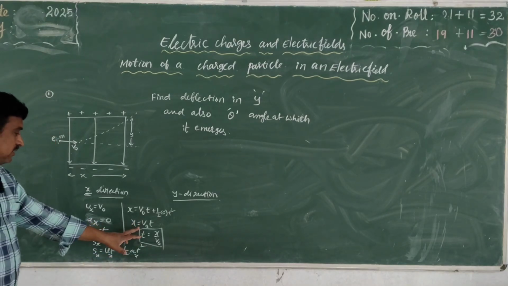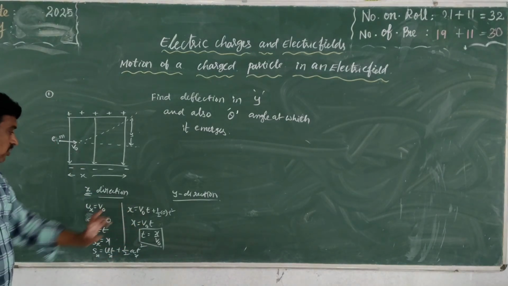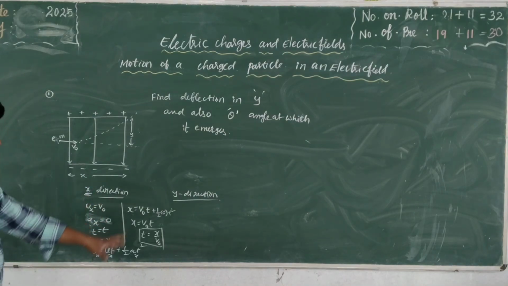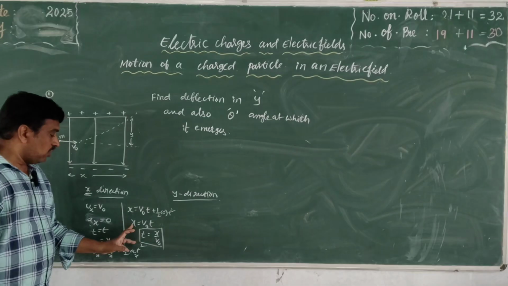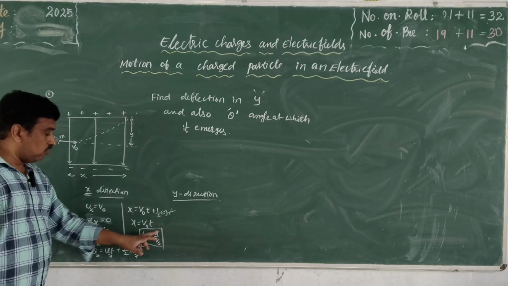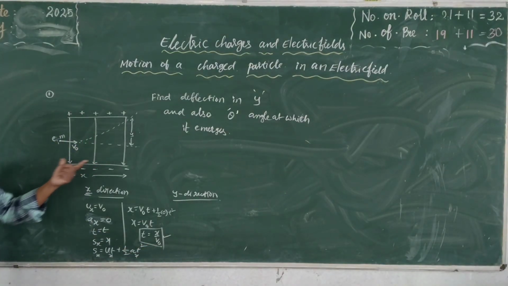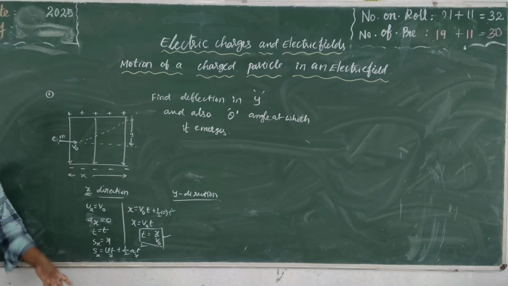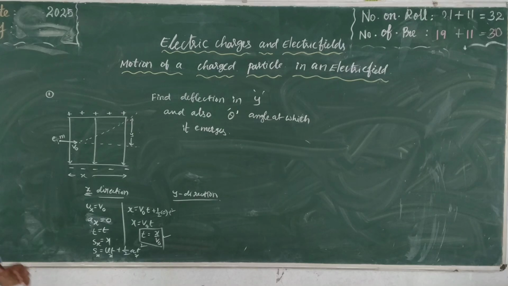Sx is x, ux is v naught, the time is t, and half ax is 0, so that term is 0. So x equal to v naught into t, so t equal to x by v naught. This is the time taken to cross the electric field.